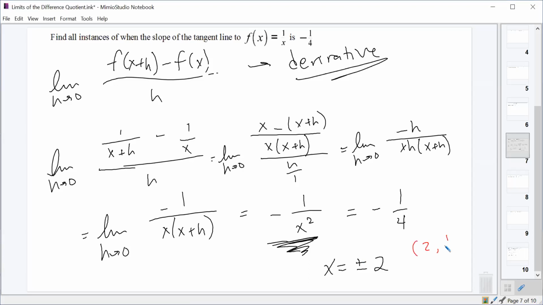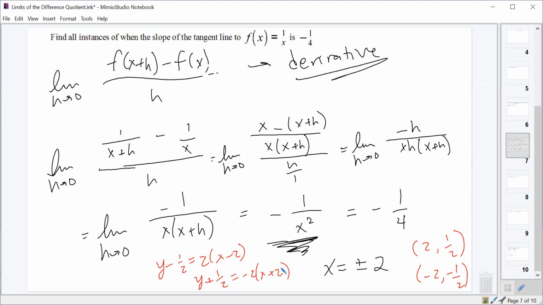That'd be the point (2, 1/2), right? And the point (-2, -1/2). Yep. And so we should end up getting y minus 1/2 equals 2 times x minus 2, and y plus 1/2 equals -2 times x plus 2.